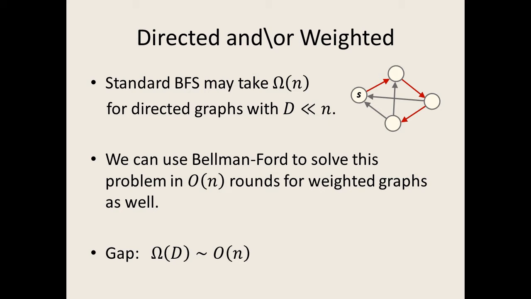On the other hand, an order of n rounds is always enough to solve the SSSP problem for weighted and directed graphs by using the standard Bellman-Ford algorithm. So this brings us to the following interesting gap. On one side we have this trivial lower bound of D, and on the other side we have this almost trivial upper bound of n. And closing this gap is an important problem in this field.